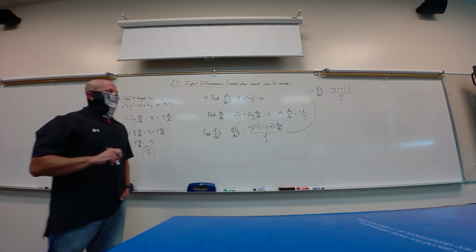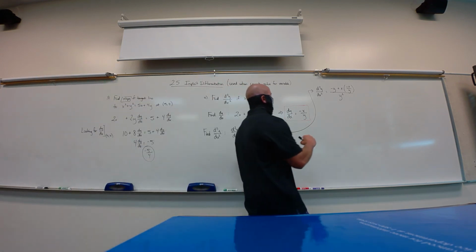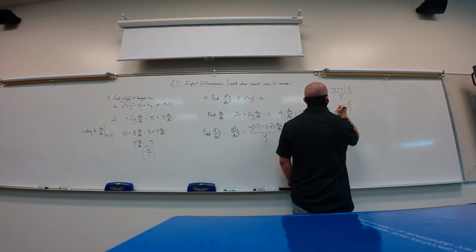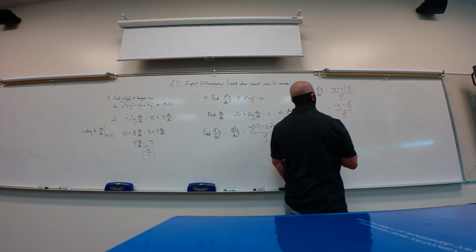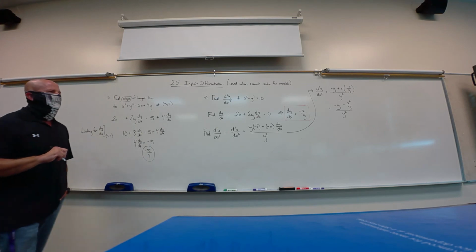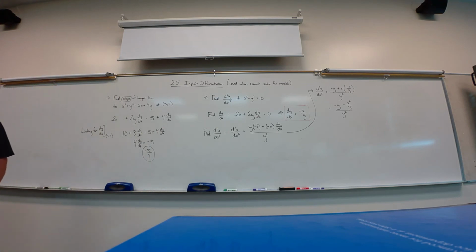Now let's simplify this. This would be -y minus x squared over y, all over y squared. I can put that together, get rid of the parentheses at least. Look okay to everyone? Yeah.